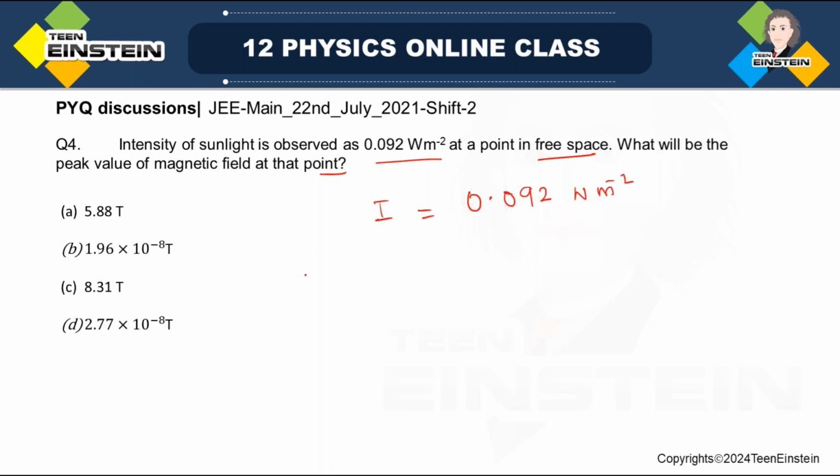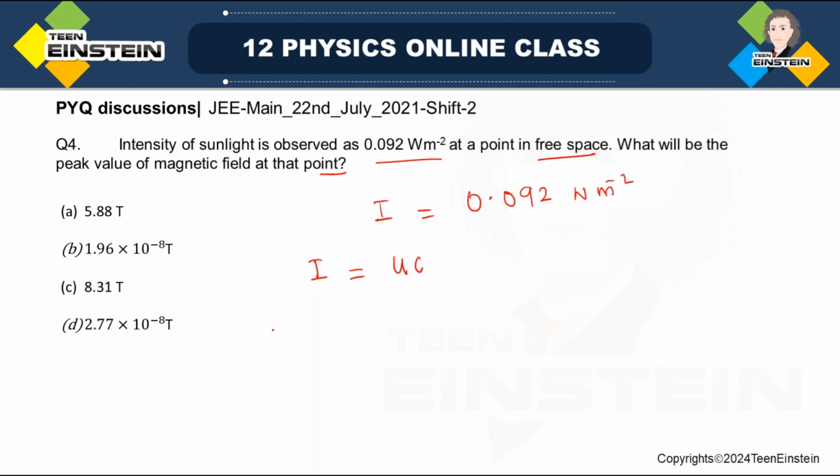So students, you have to remember a simple formula for solving this problem. What is that? Intensity is equal to energy density into C. This is the formula you should remember. What is this energy density? This is either electric energy density or magnetic energy density.